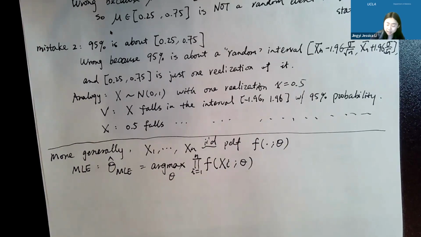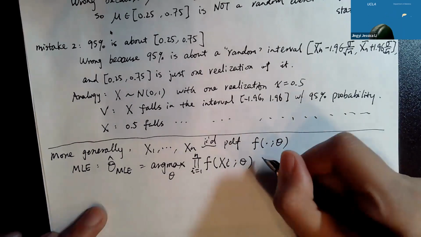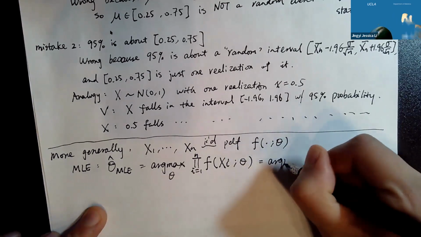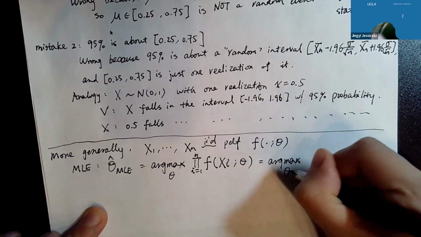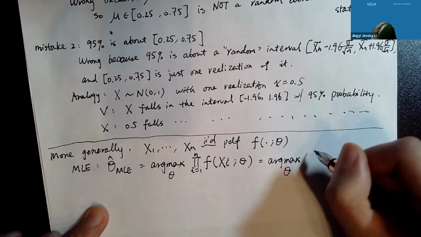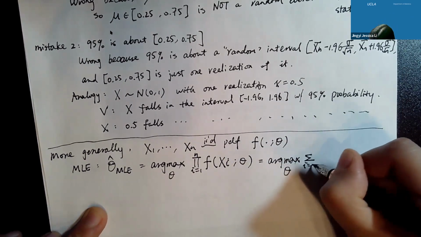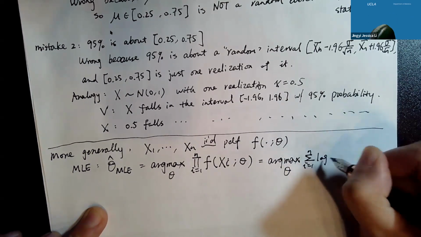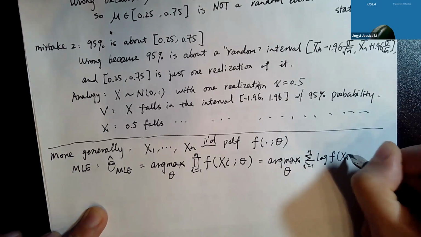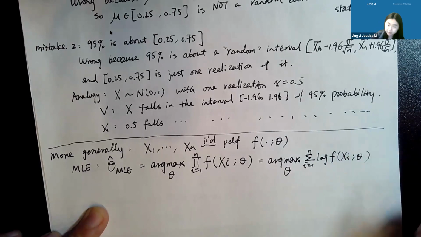And often this is difficult to maximize. So we maximize its log form instead. Okay, so it becomes just a summation of log f(x_i; theta), right?